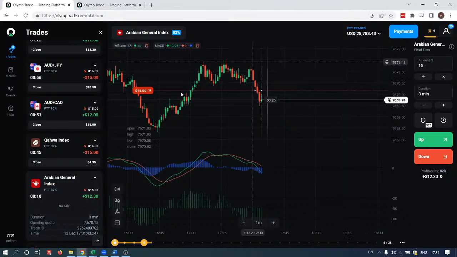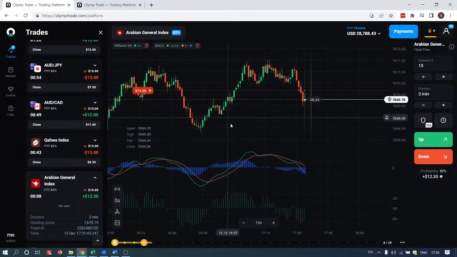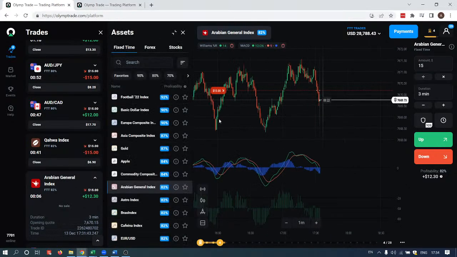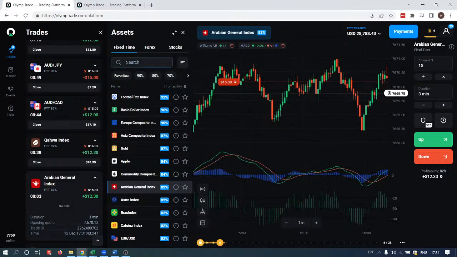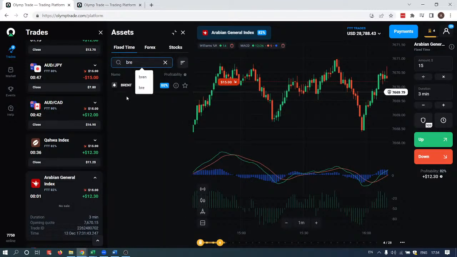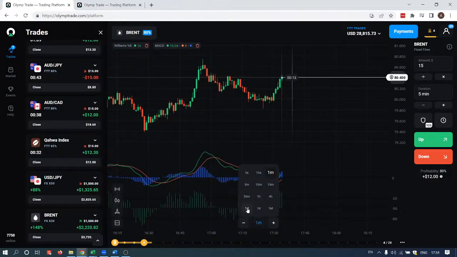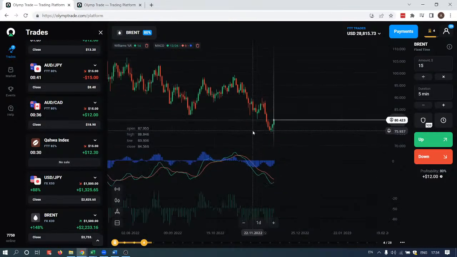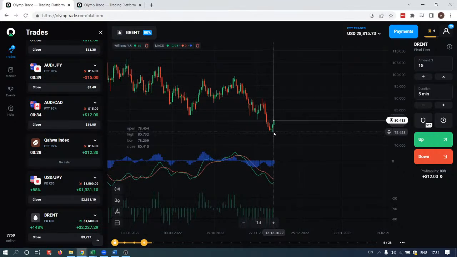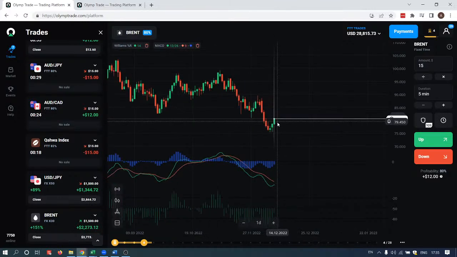One Forex analysis, please. Well, you have to understand that Forex is not so different from FTT trades. So let me go ahead and do some Brent analysis. As of now, Brent has gone up from 75.5 dollars per barrel, and now we are trading back at 80.5, so $5 up already.